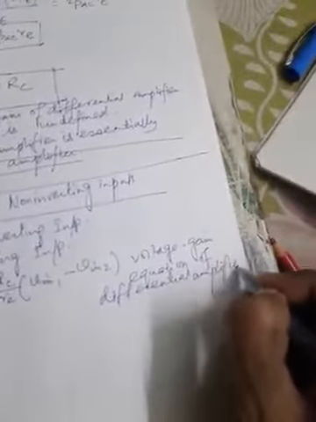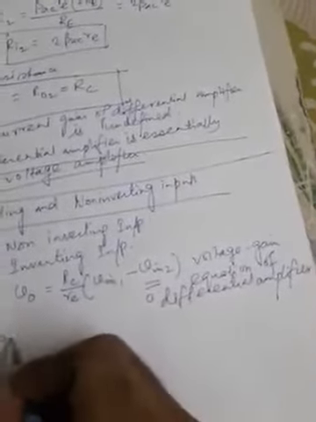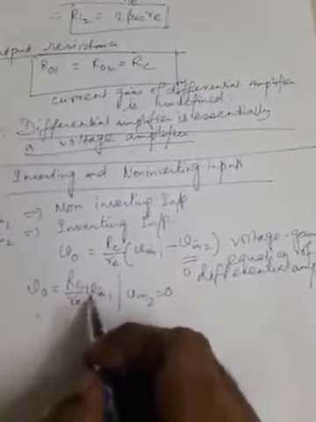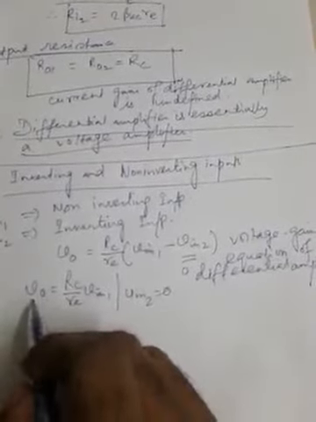If we consider this equation, from here also we can explain the same thing, that is when V in 2 is 0, VO equals RC by RE into V in 1. That means if V in 1 is acting alone, the polarity of V in 1 and the polarity of VO is same.